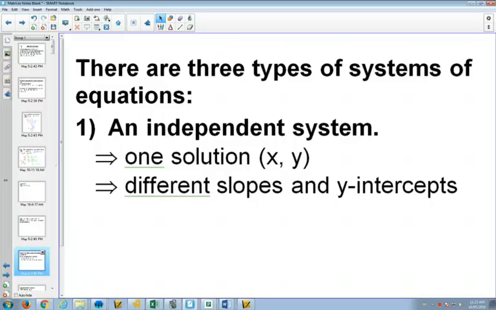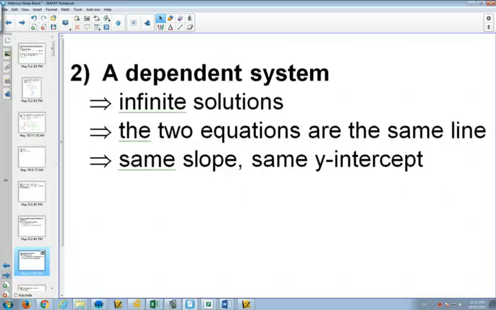There is the possibility that they actually cross at the y-intercept and would have the same y-intercept. But for the most part, they're going to have different slopes. That's the key thing. As soon as you have two lines that have different slopes, they will intersect somewhere. If you have the same slope and the same y-intercept, that's going to be the exact same line.